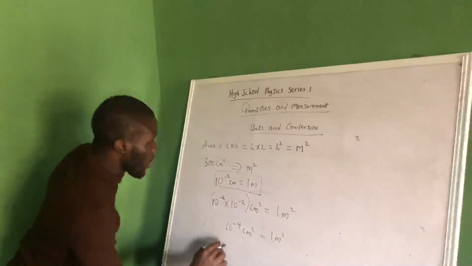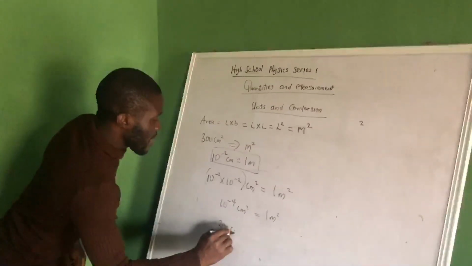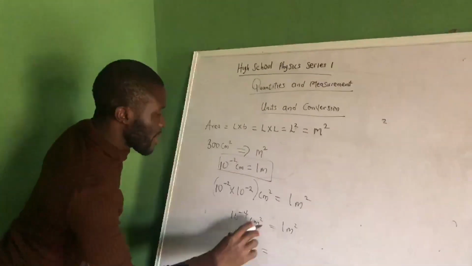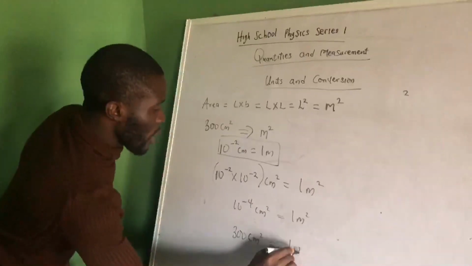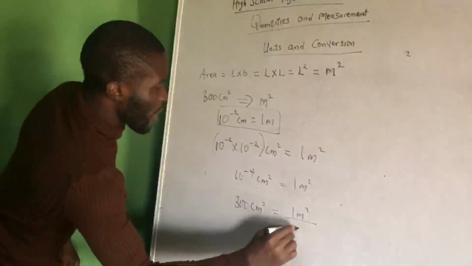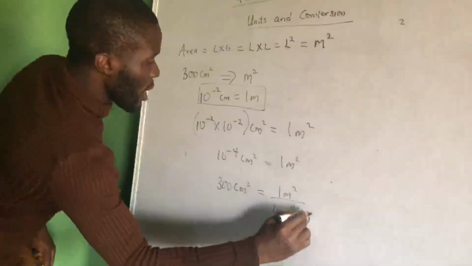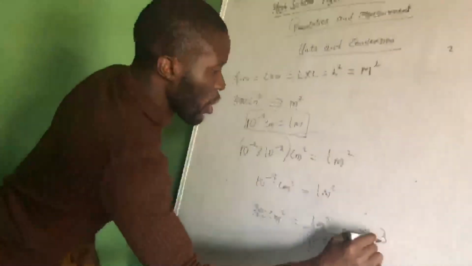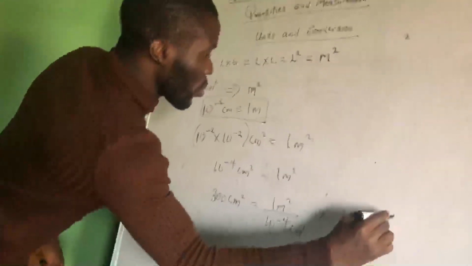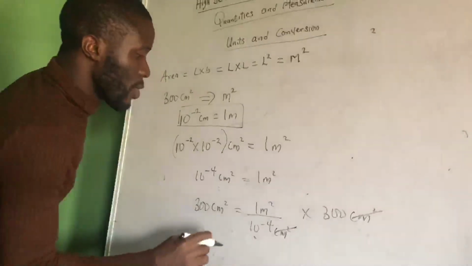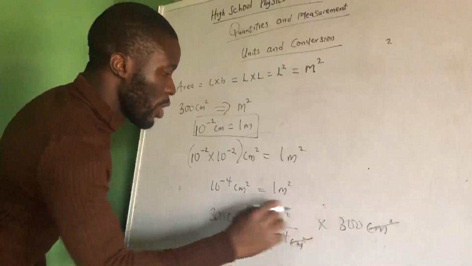Now, what is 300 centimeter square? 300 centimeter square will be 1 meter square over 10 raised to the power minus 4 centimeter square, times 300 centimeter square. This cancels this. So 300 times 1 is 300.